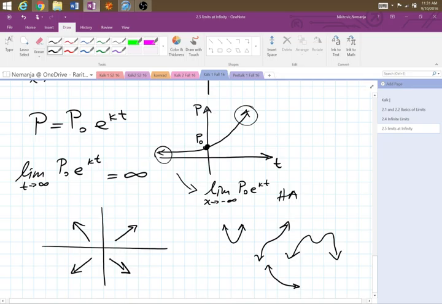So now this one over here is the limit x goes to negative infinity of f of x producing positive infinity. This one is limit x goes to negative infinity of f of x producing negative infinity. This one is the limit x going to positive infinity of f of x producing positive infinity.